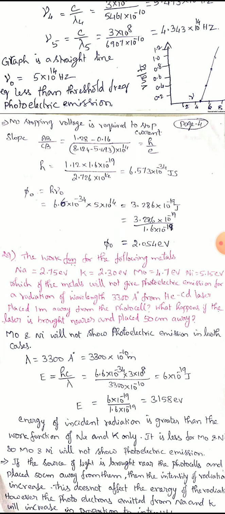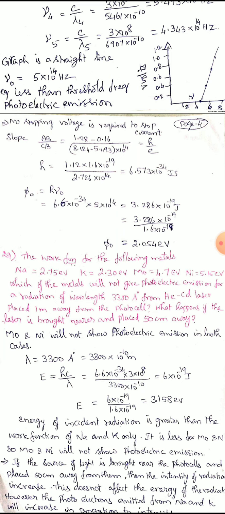Sodium and potassium work functions are given as 2.75 electron volt for sodium and 2.30 electron volt for potassium. Here the energy will be 3.158 electron volts. So this is greater than the work function of sodium and potassium. If we compare with molybdenum and nickel, it is less than these two. So this will not show any photoelectric emission.